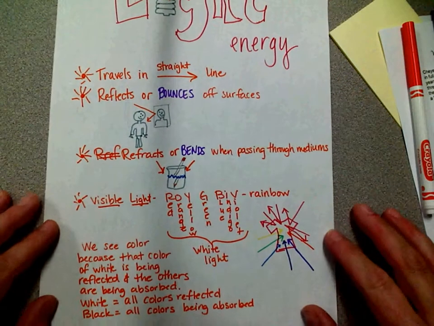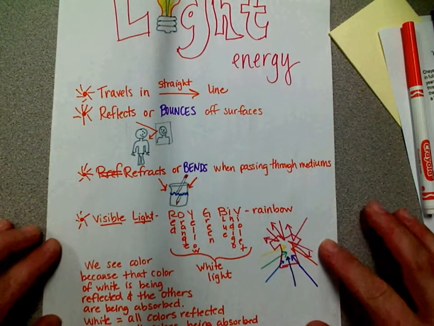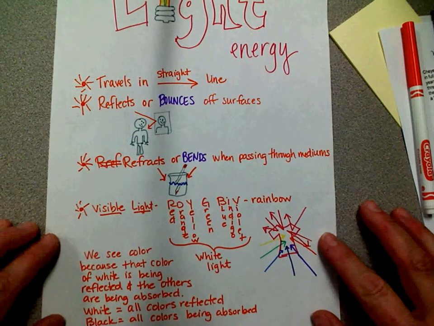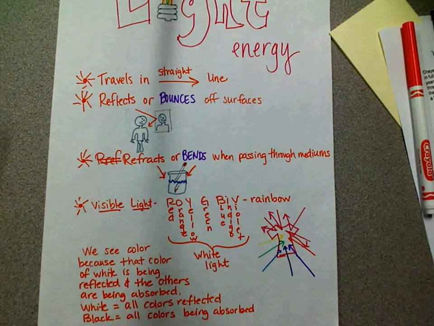Alright, light energy. Remember, light always travels in a straight line. Travels in waves in a straight line. It reflects or bounces back. It refracts or bends.